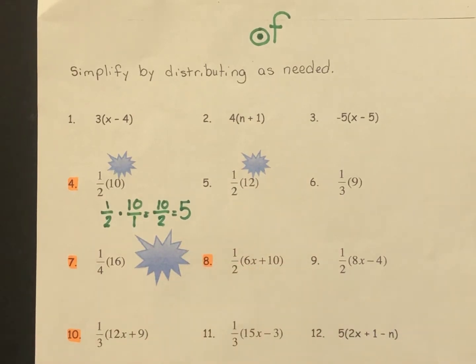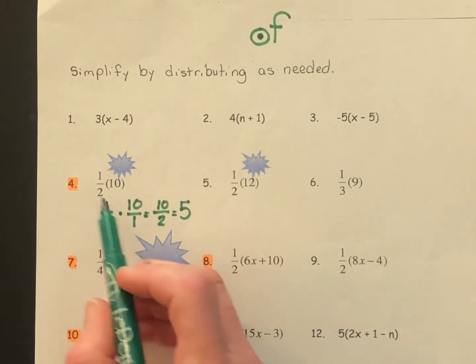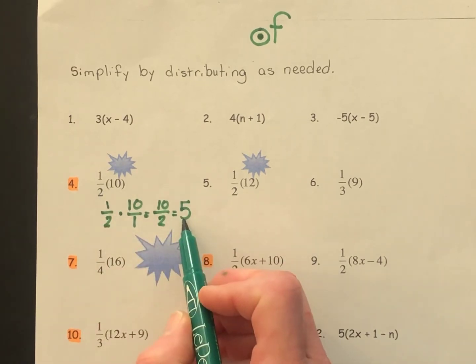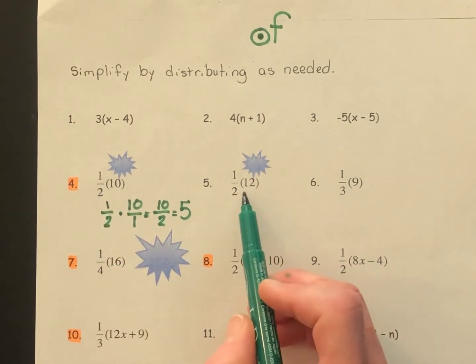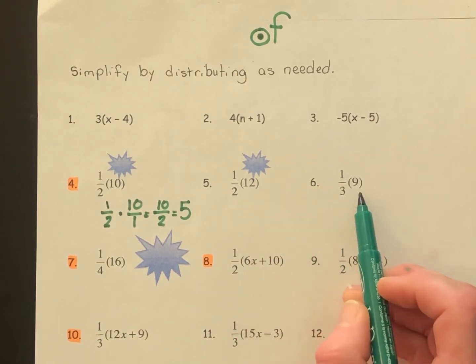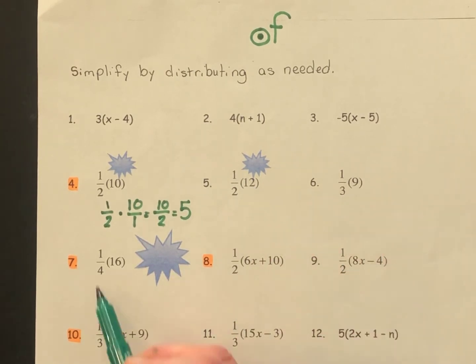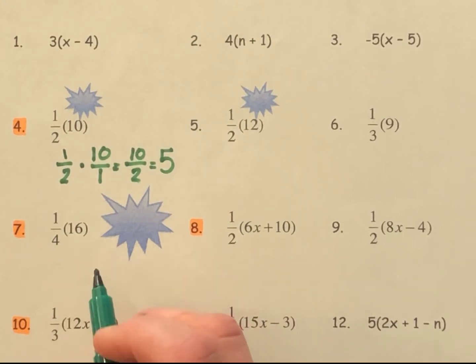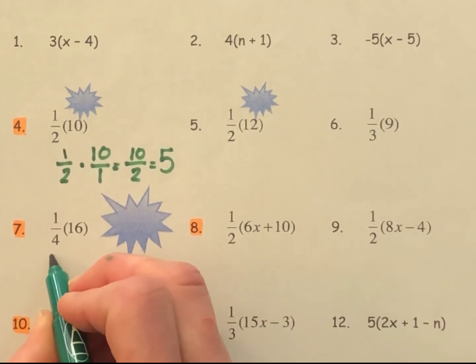But if you just simply think, what's 1/2 of 10, you can skip all of this and go straight from that to that. 1/2 of 10 is 5. That's 1/2 of 12. 1/3 of 9. What's 1/4 of 16? Well, if you don't know, you can do it the long way.